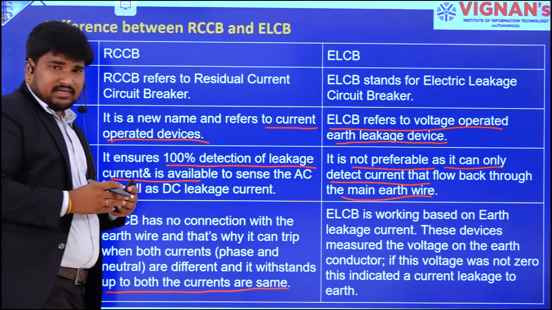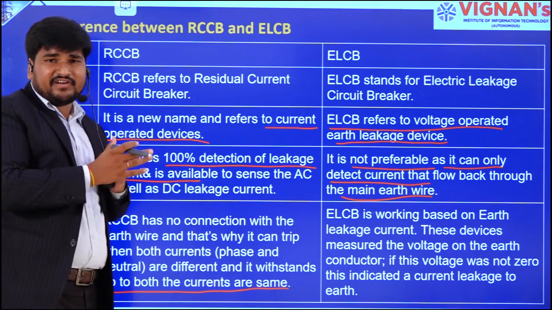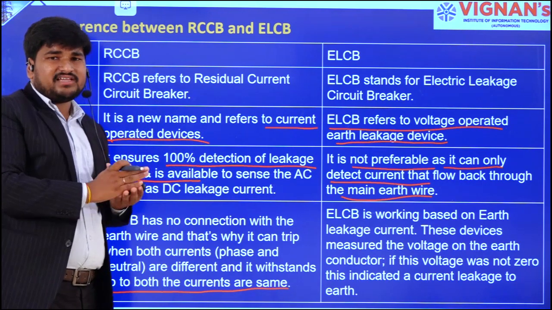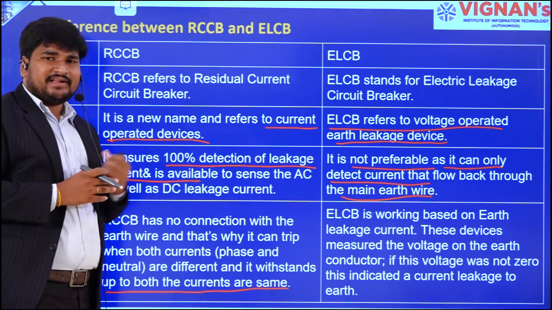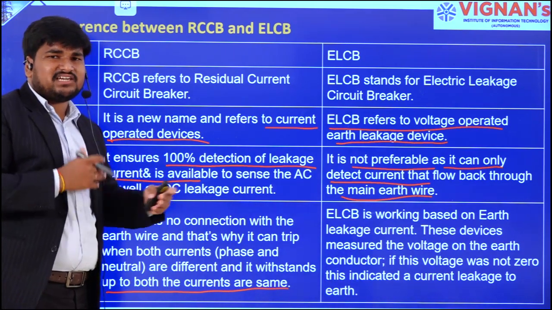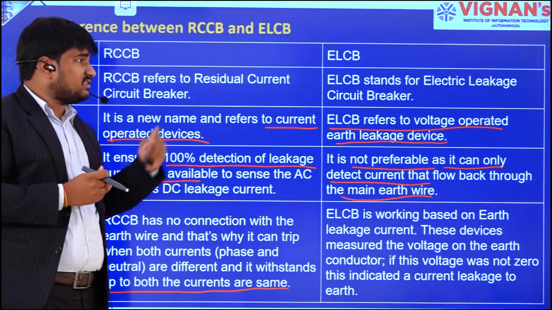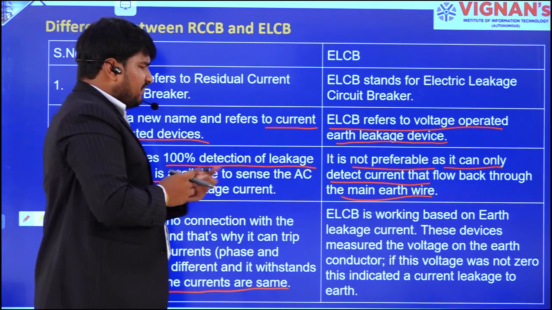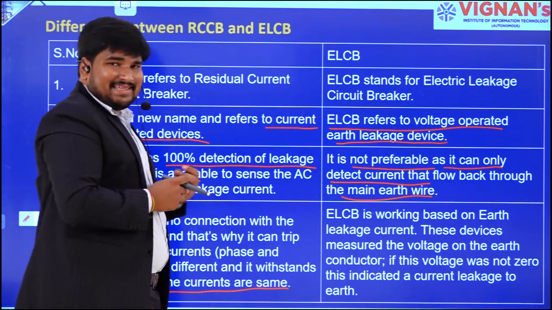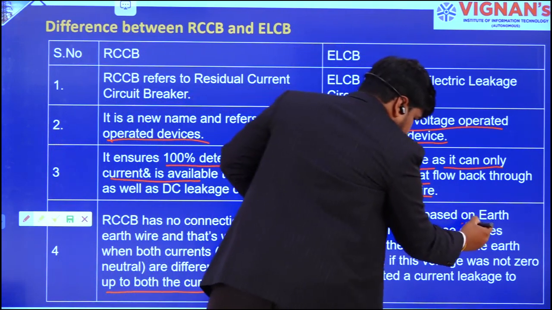When there is a difference in current, in case of single phase, if the difference is between phase and neutral, the RCCB will operate, or in case of three phase, when there is a difference in the three phases, the RCCB will operate. But the ELCB works based on earth leakage current only.